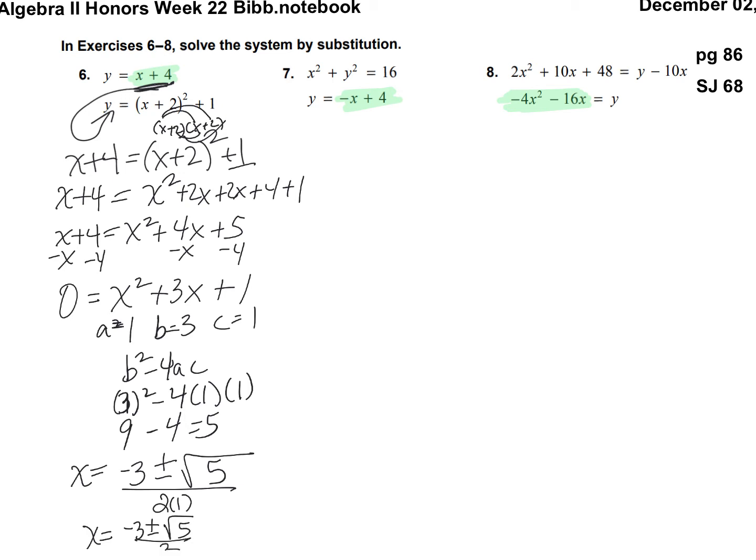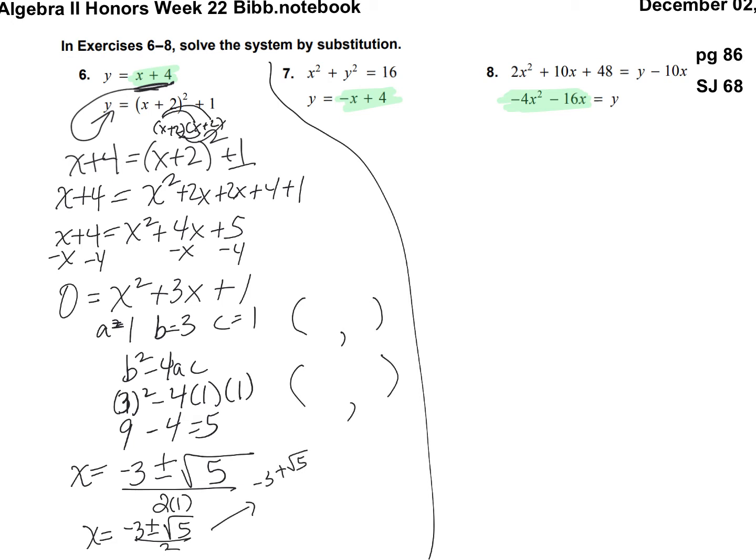Now I actually do need decimal approximations since I'm looking for where the graphs intersect. So I'm going to grab a calculator, and I'm going to do negative 3 plus the square root of 5 divided by 2, and negative 3 minus the square root of 5 divided by 2.